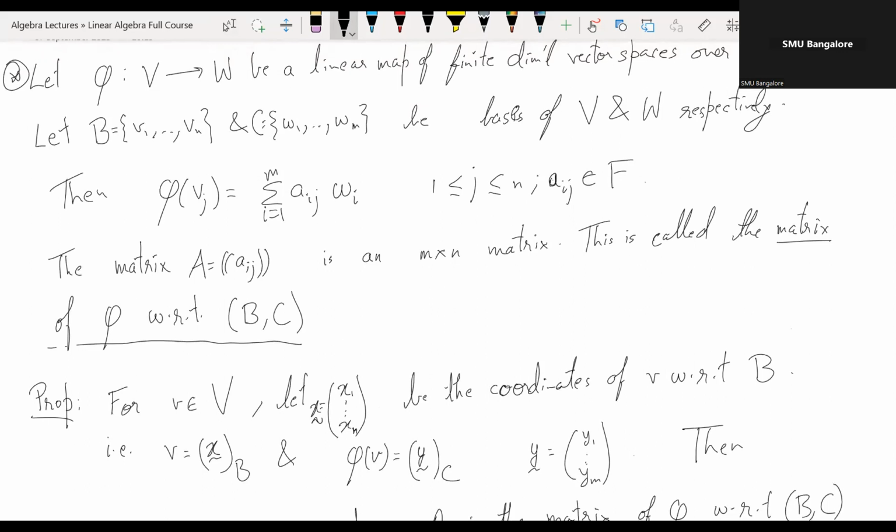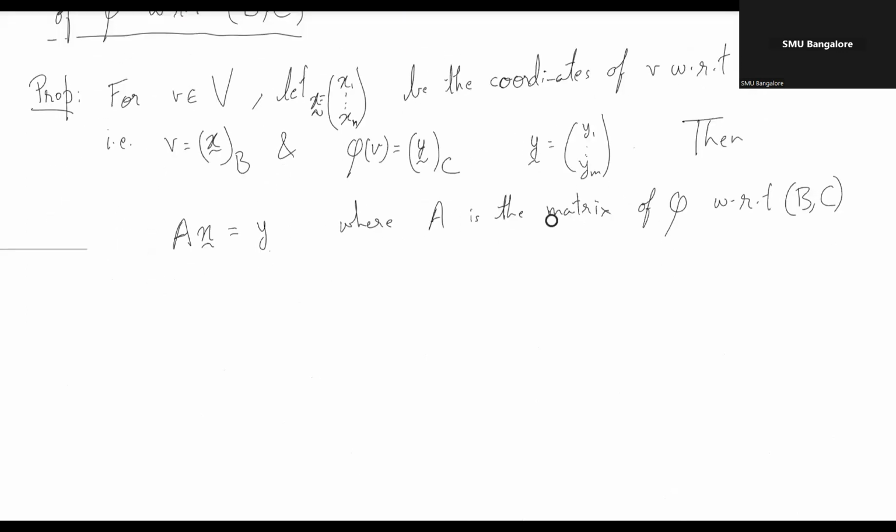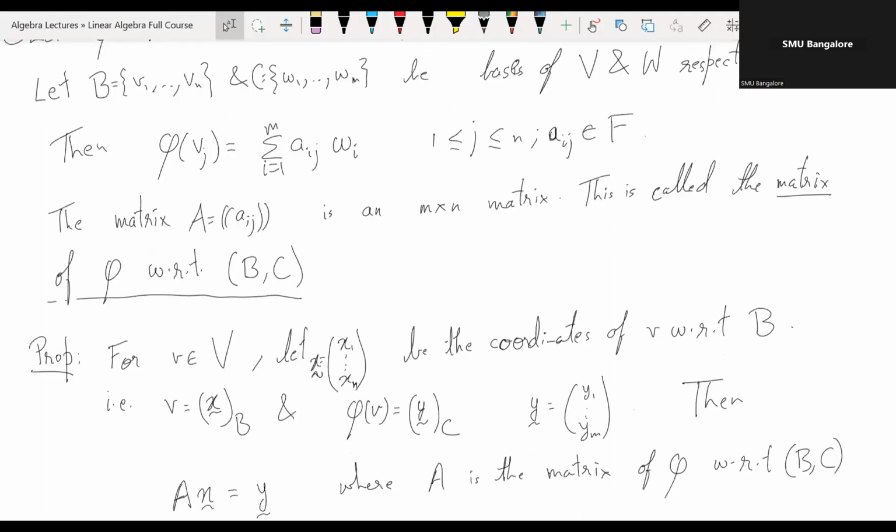Remember the xi's are in F. So x is in Fn, the coordinates of V with respect to B.